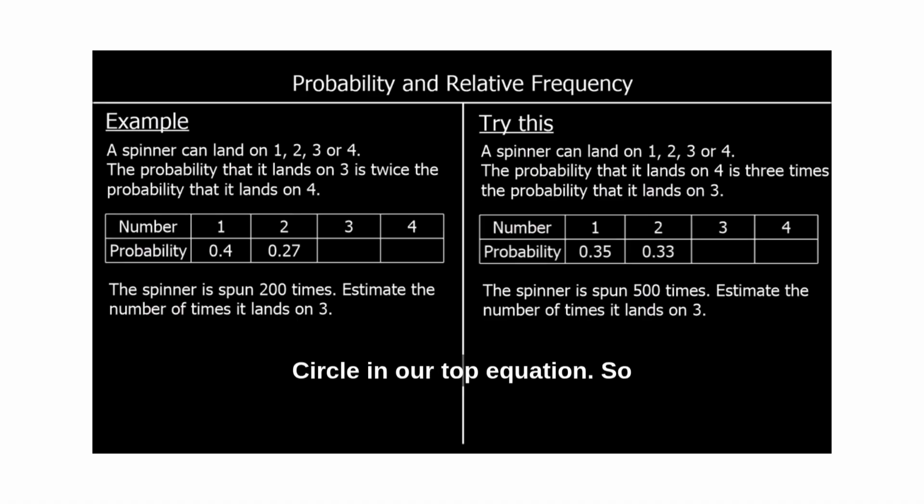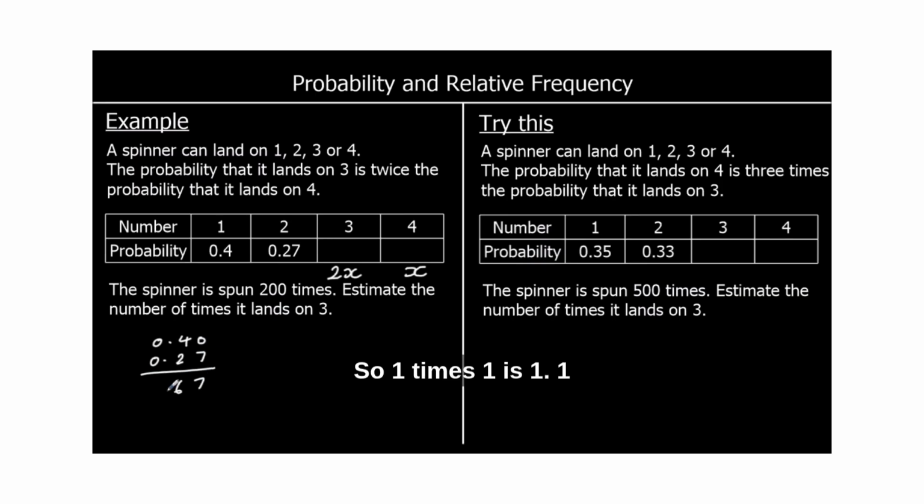And another different question. A spinner can land on 1, 2, 3, or 4. The probability it lands on 3 is twice the probability it lands on 4. So again, we've got x as the probability for 4, and the probability it lands on 3 is double, so we call that 2x. So we need to find these missing probabilities. So let's do what we did before. Let's add up what we've got. So we've got 0.67 so far.